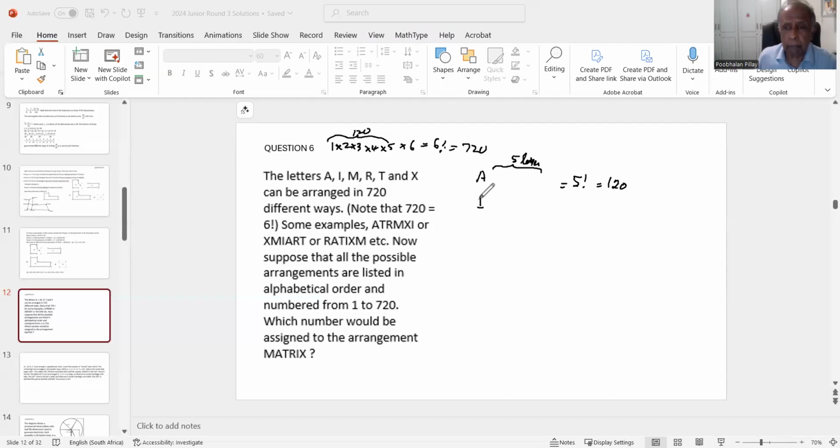That is I. Then with I too, you've got the five remaining letters, and that too can be arranged in 5 factorial ways. So the first two give you 240 words so far.